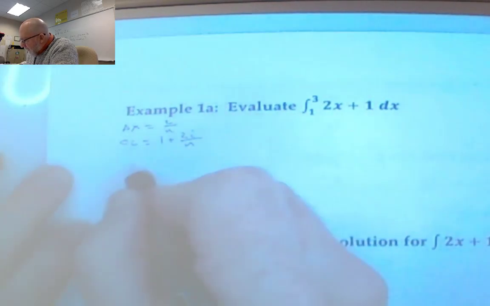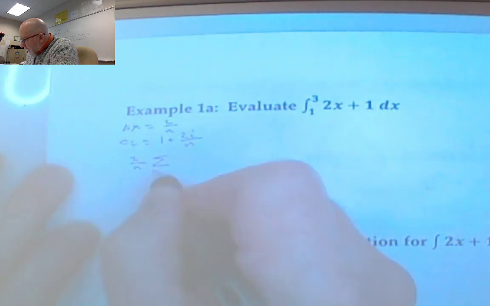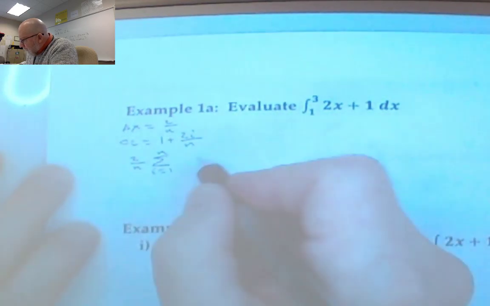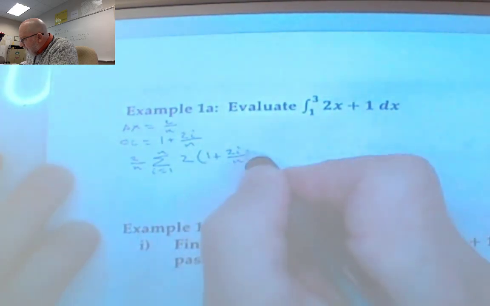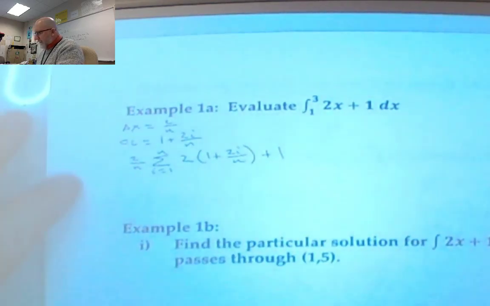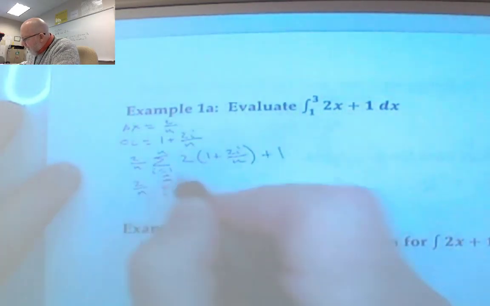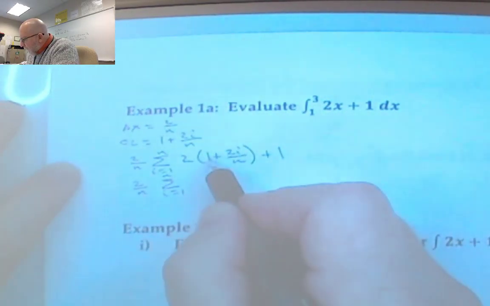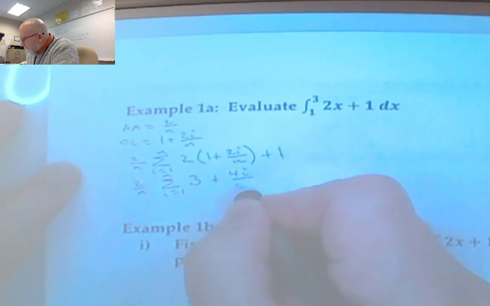And so then I'm going to have 2 over n, summation i equals 1 to n of 2 times 1 plus 2i over n, plus 1. Would you agree? And then I can say I got 2 over n, summation i equals 1 to n. 2 times 1 is 2, plus 1 is 3. Are you okay with that? Plus 4i over n. Would you agree with that?